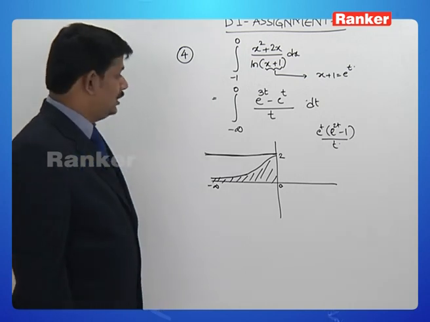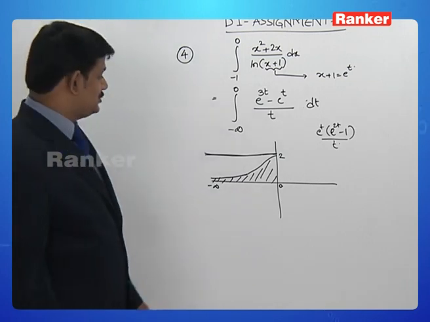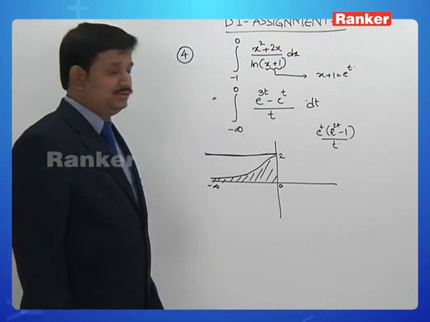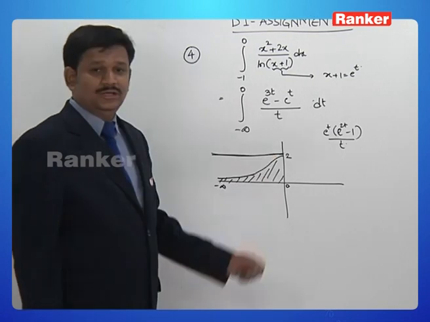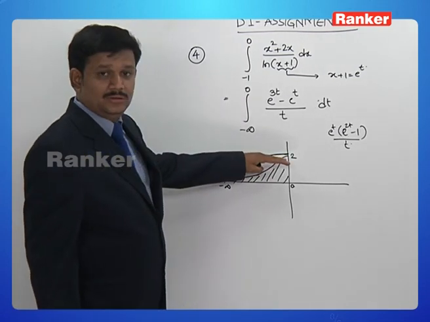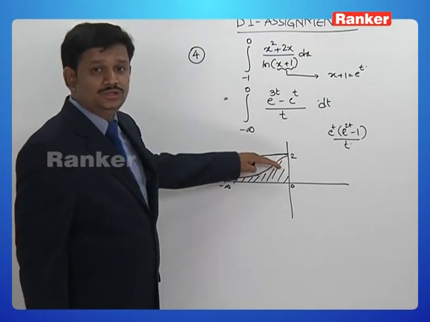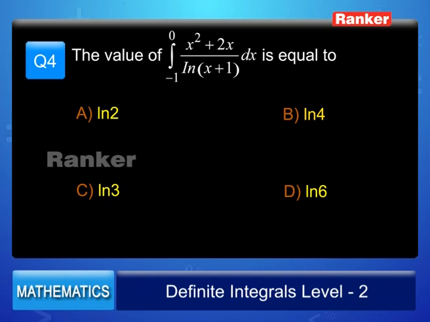Log 2 is a negative number, it cannot be a possible answer. Log 4 is more than 2, that is the value when we keep the function constant to be equal to 2. So, option 2 cannot be the answer, and also option 4 cannot be the answer. So, the answer has to be option 3, which is log 3.